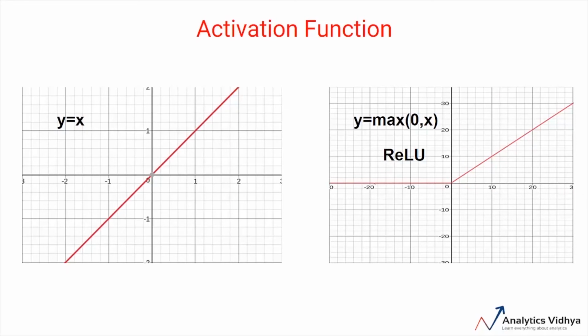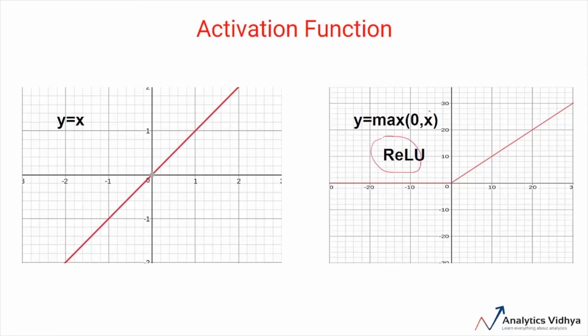If we compare this with the original value, for a positive x we had a positive y, and for negative x we had a negative y. Now, if we are to get rid of the negative values, what we can do is use something like max of 0 and x. So anything negative will get clipped to 0. This type of function is called a ReLU function, and this class of functions which transform the combined input are called activation functions. So ReLU in a sense is an activation function.